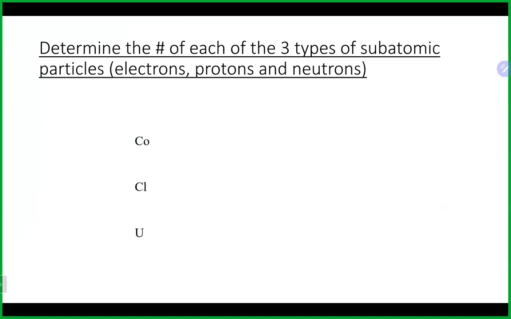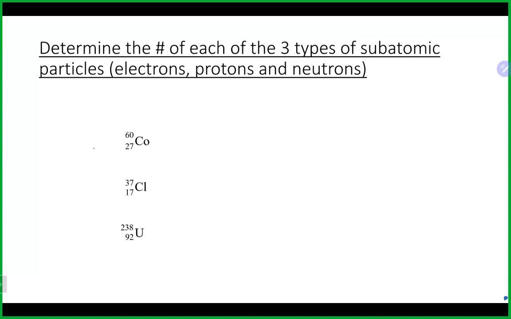All right, so why don't you give it a go here for each of these. Okay, so let's take a look, see how you're doing. We'll start the first one, Co, which is, by the way, cobalt, right? The element. So clearly in this case, the easiest thing to figure out right off the bat is the number of protons, right?